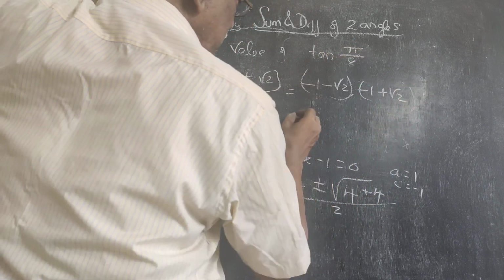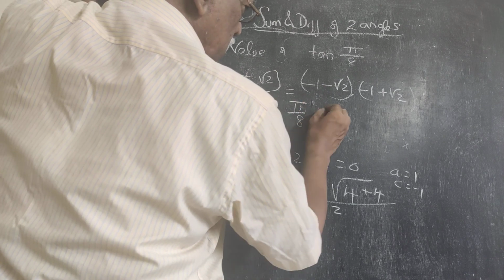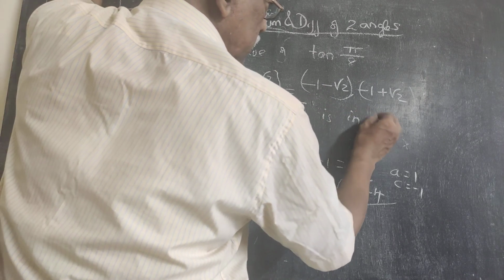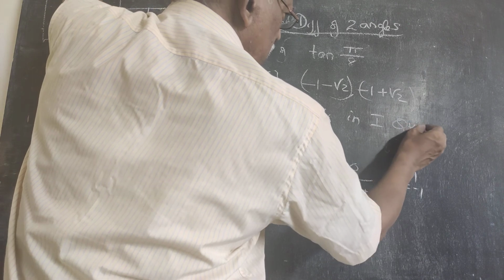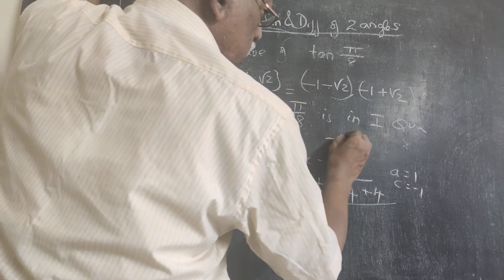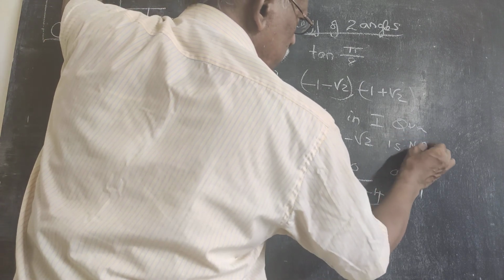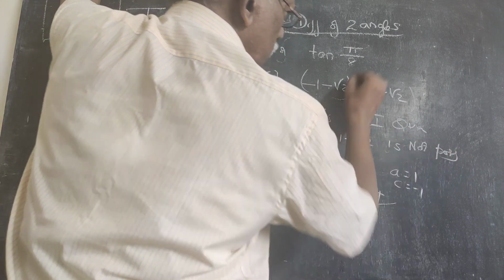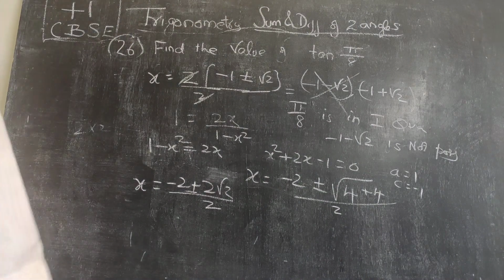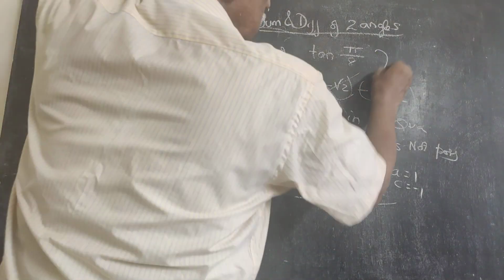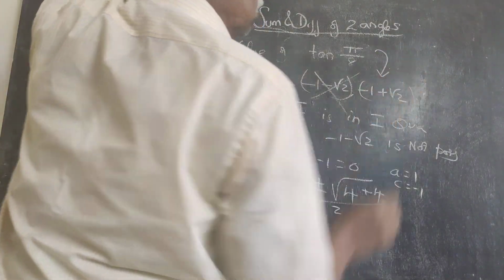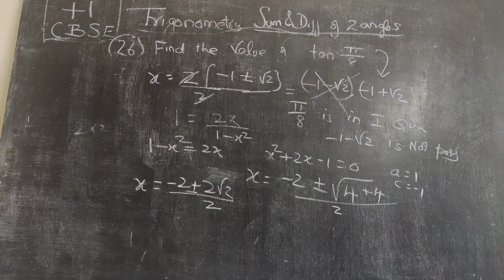But pi by 8 is in the first quadrant. Therefore the value minus 1 minus root 2 is not possible. So the value of tan pi by 8 is root 2 minus 1. Is it okay?